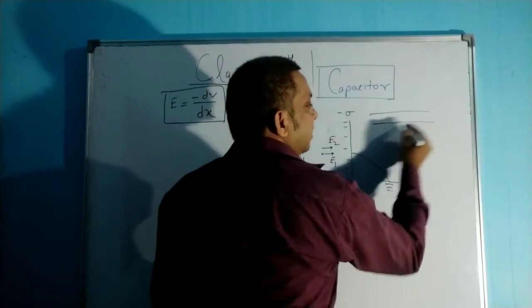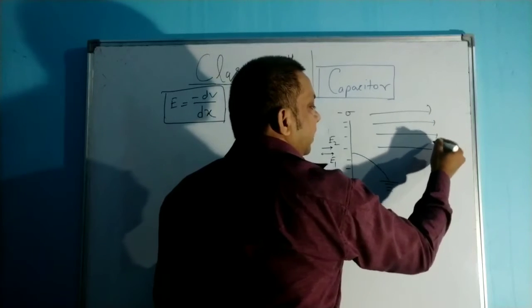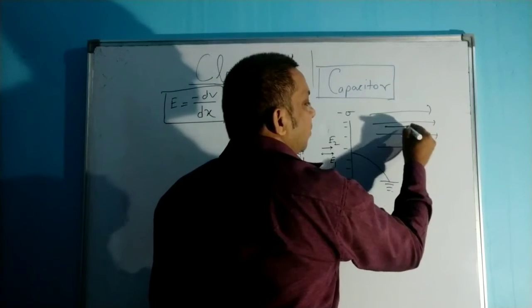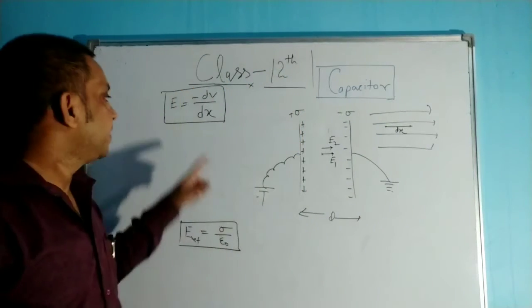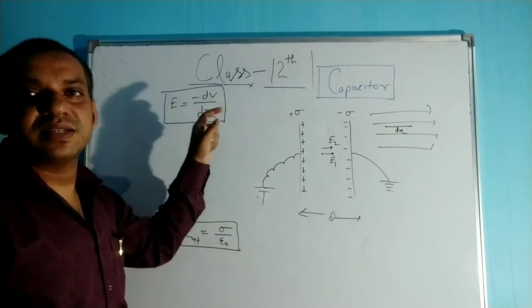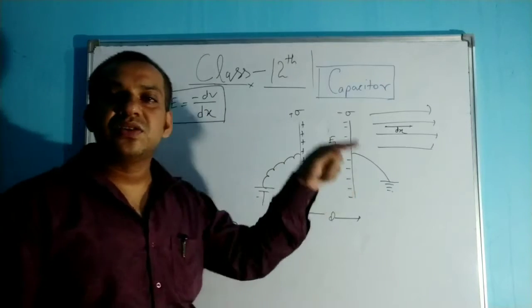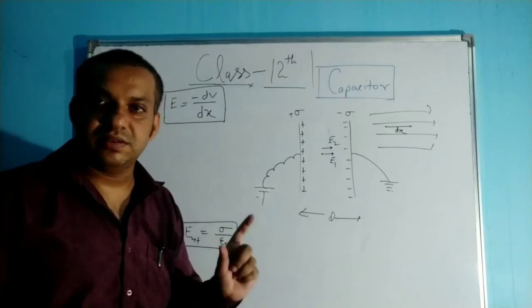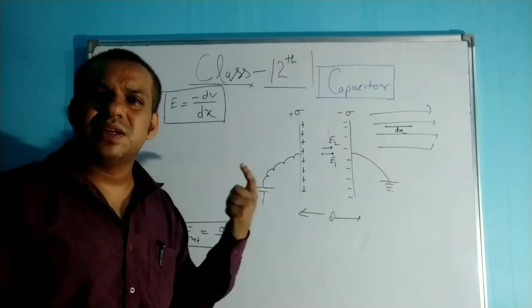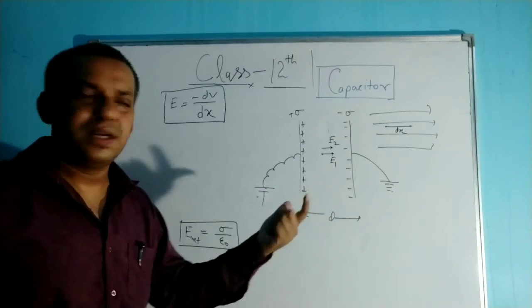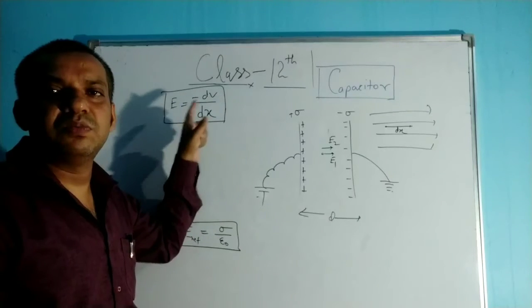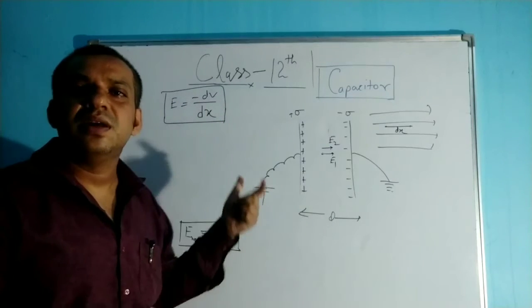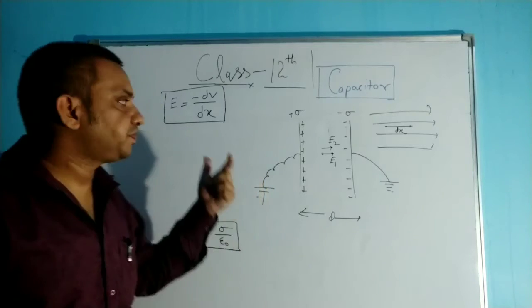If you move by dx separation from one point to another, then the potential difference is dV. The minus sign only indicates that in the direction of the electric field the potential decreases. And potential is a scalar quantity, that is why there is no need to worry. So this is the relation between the electric field and the potential difference: E is equal to minus dV by ds. It is also known as the potential gradient relation.